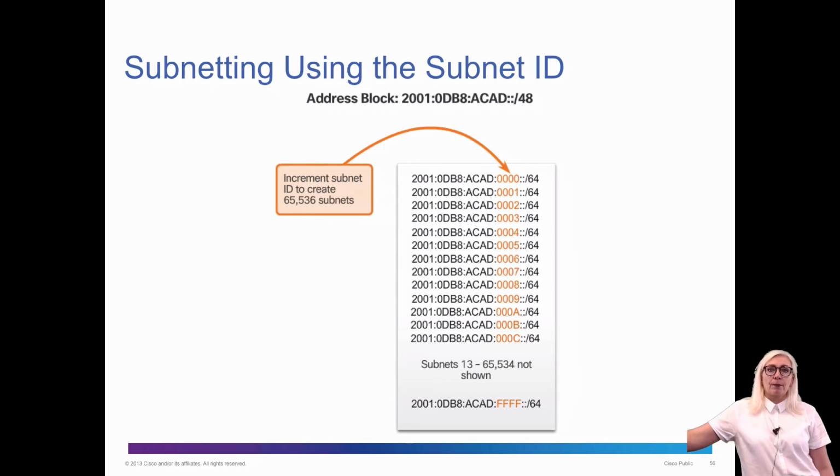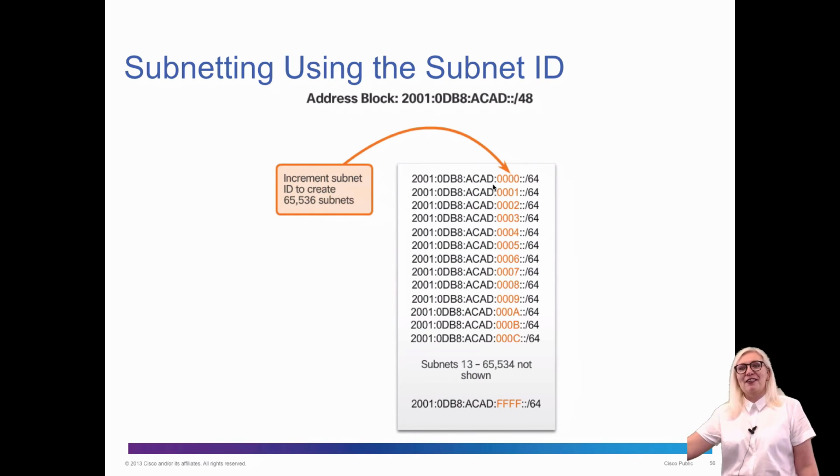So here, for instance, when I have a /48, I can borrow this part here, and then I would get 65,536 subnets, which is 2 to the power of 16.